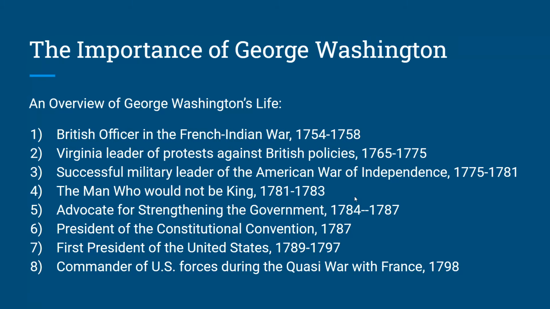Most Americans know Washington as the successful military leader of the Continental Army. He led that ragtag army of militia, misfits, and farmers to pull off one of the most improbable victories in military history.